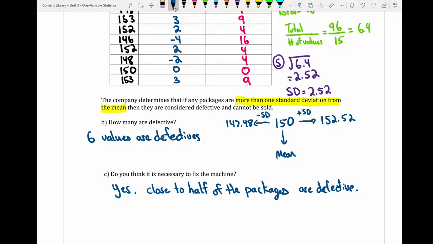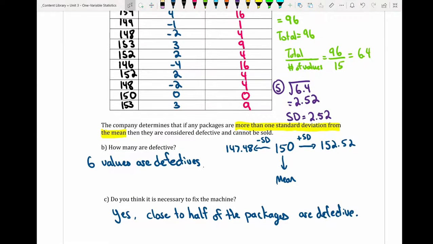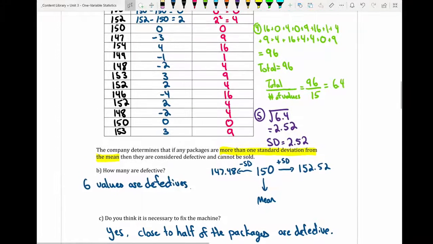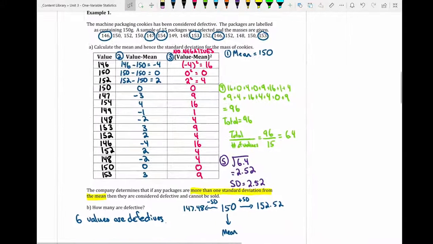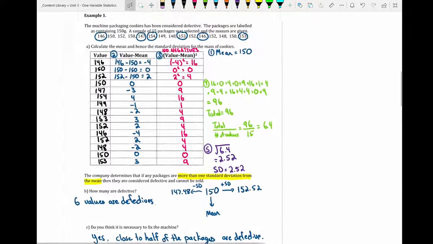So based on our standard deviation and what we're considering defective, the machine is spitting out packages where close to half of them are defective, and that's not really a good thing for a machine. So we can say that this machine needs to be fixed.